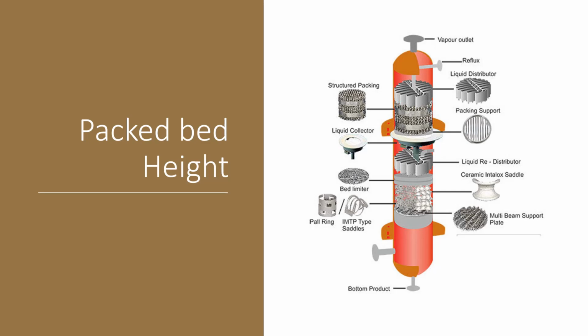Obviously, the more difficult the separation, the larger the packing height required. So for example, a much larger packing height would be required to remove SO2 than to remove chlorine from an exhaust stream using water as the absorbent, because as we know, chlorine is more soluble in water than SO2.